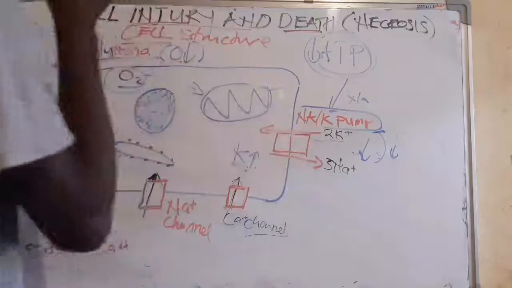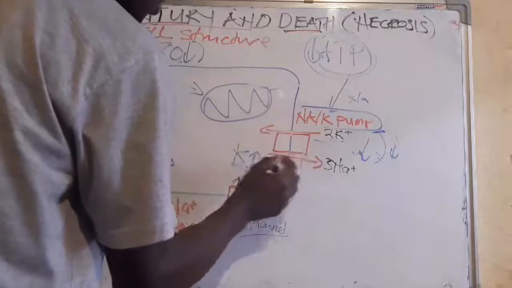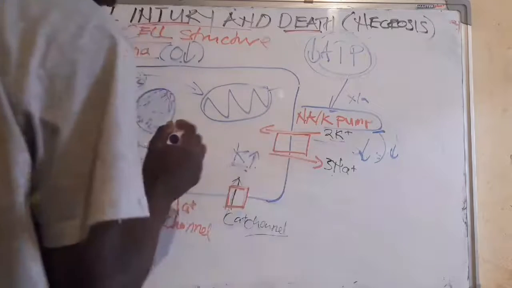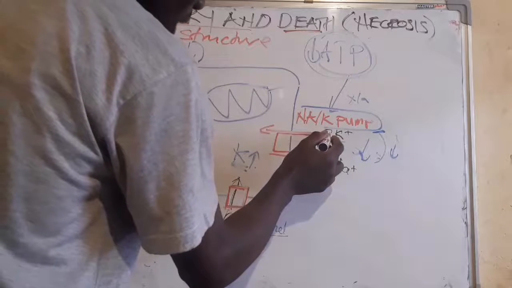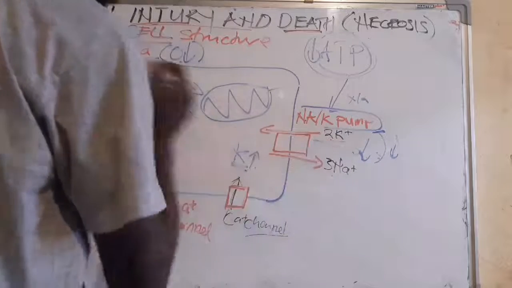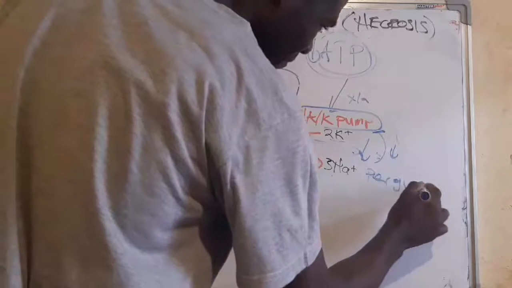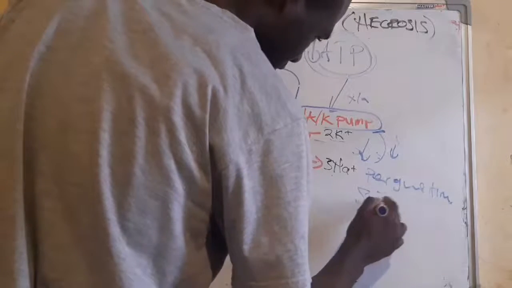This means that the normal amount of sodium that leaves the cell and the normal amount of potassium entering per given time is disturbed.